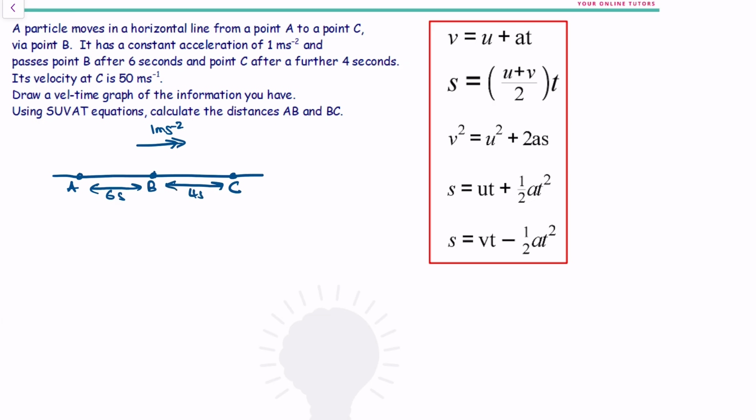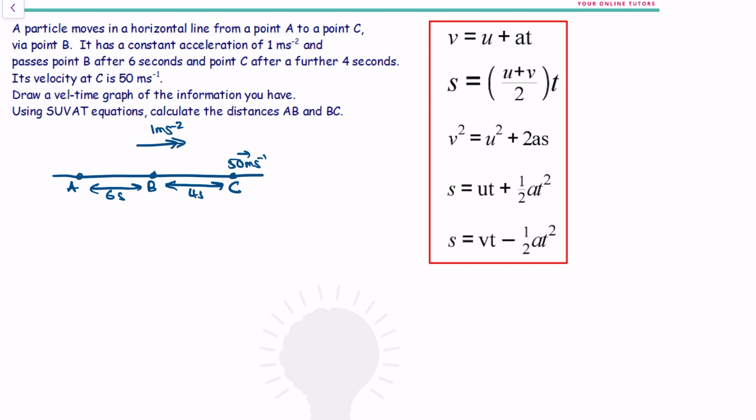Its velocity at C is 50 meters per second. I normally draw a single arrow to denote a speed. Draw a velocity-time graph of the information you have, and using SUVAT equations, calculate the distances AB and BC.